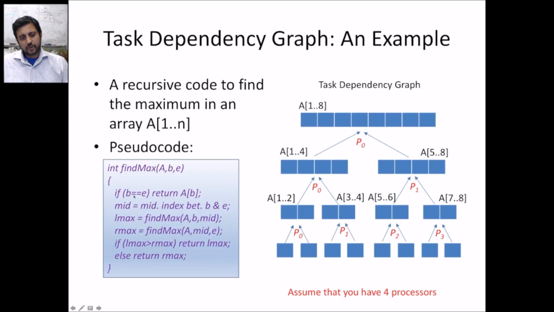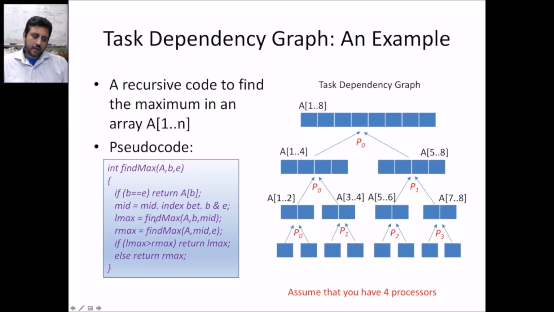And if the begin is equal to n, that simply means that we are looking at the same index, so we simply return that value A of B. This is, in other words, the termination condition for your recursion. Otherwise, what we do is simply cut the array in half, locate your middle index, and then partition the problem into two subproblems, one containing the left half of the array and one containing the right half of the array, and then simply recursively call this function find max on each of these two halves.